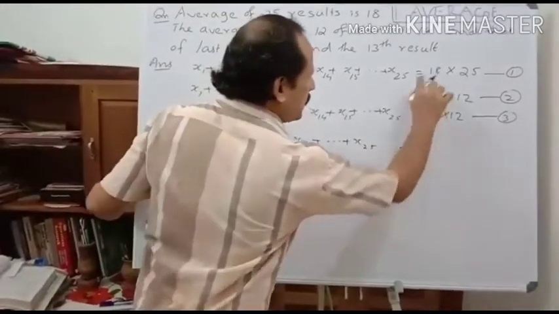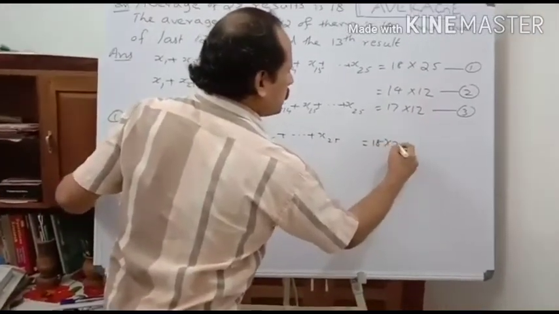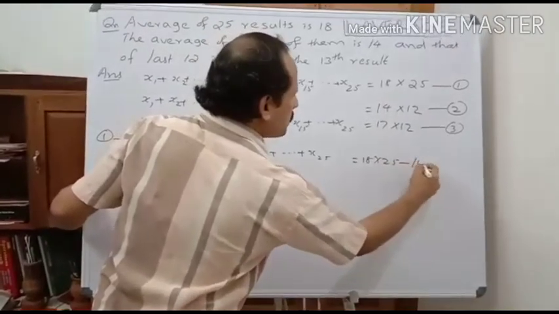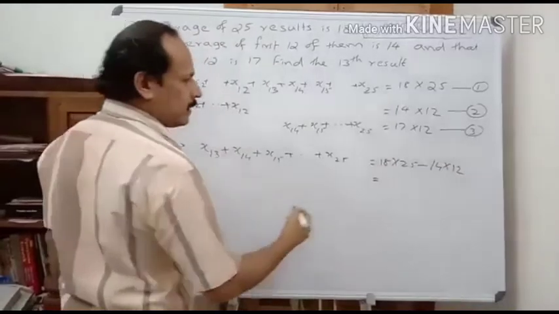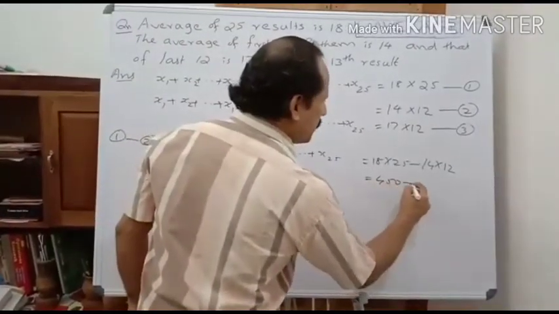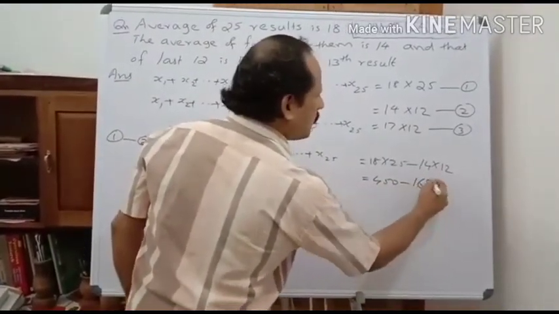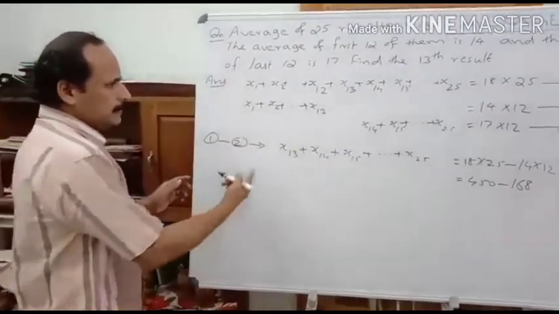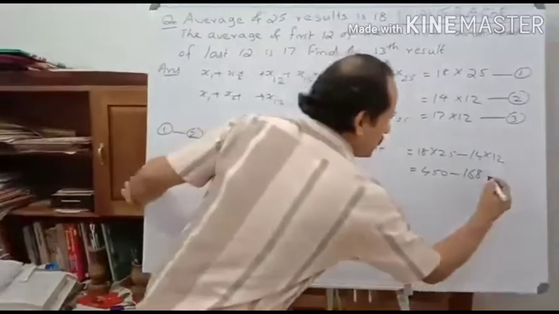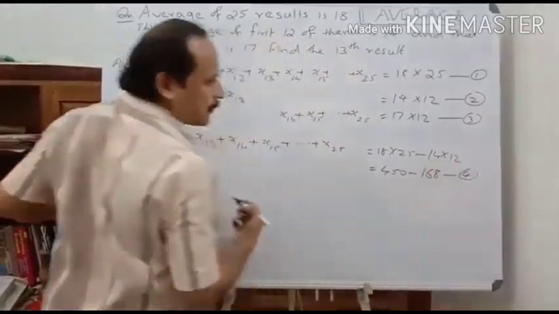That is equal to 18 into 25 minus 14 into 12. 18 into 25 is 450, and this is 168. This is equation number 4.